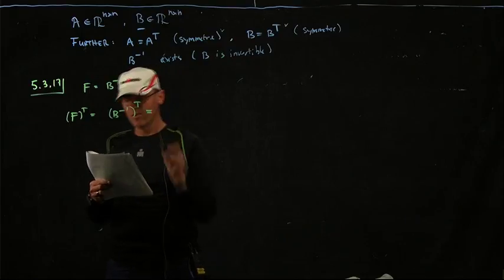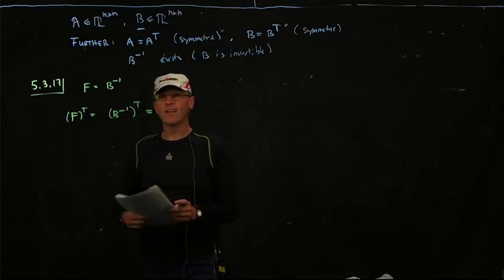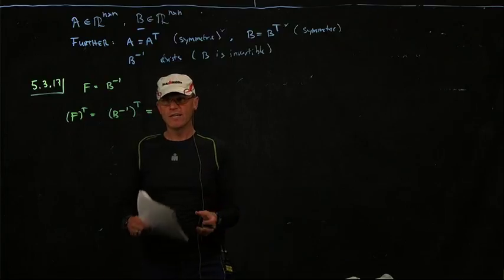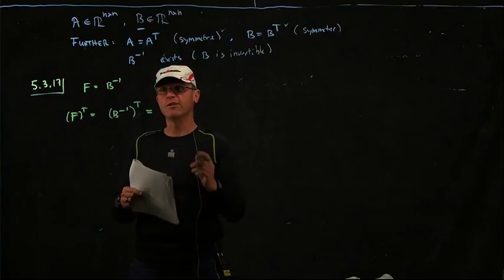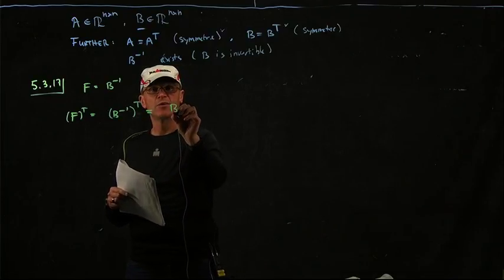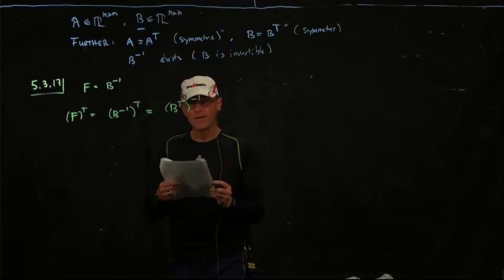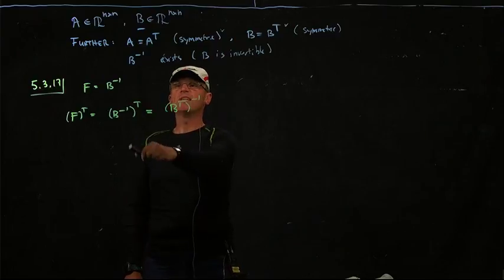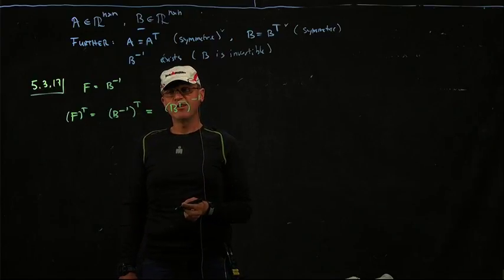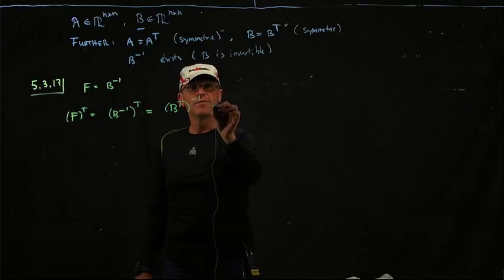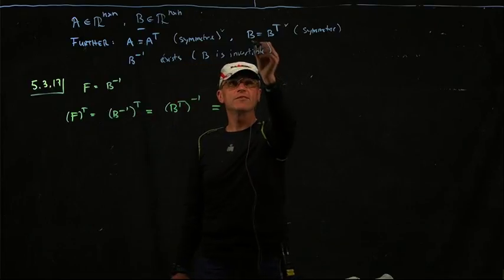Then one of the properties is that we can change the order of the transpose and the inverse. So this is B transpose inverse. That's a property of matrix operations. Then we have the property of the matrix itself.